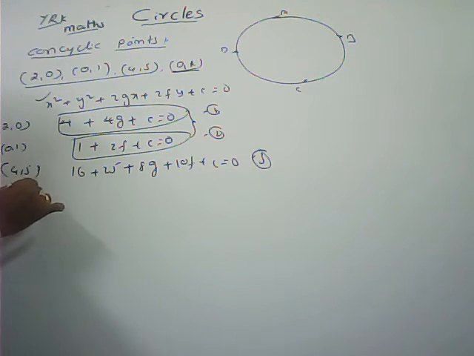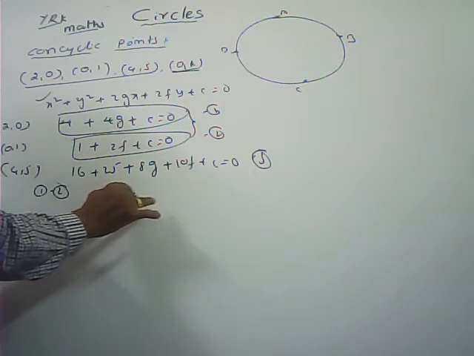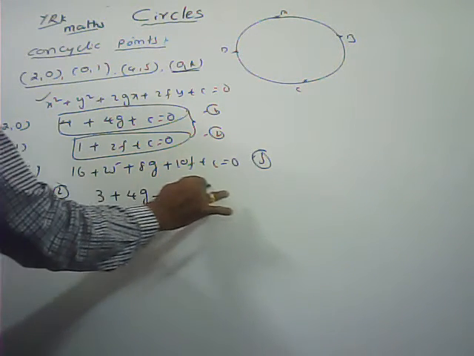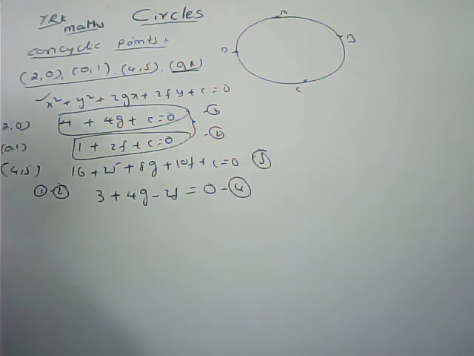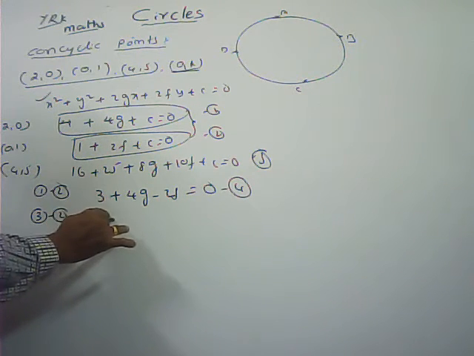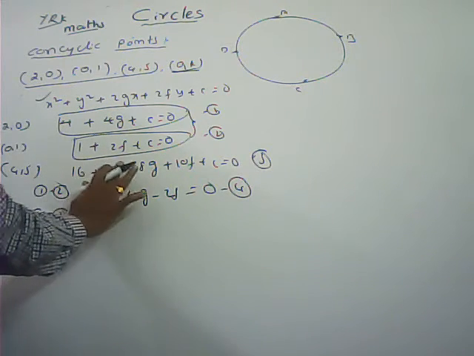Now here you can see 1 minus 2, if I do that one, 3 plus 4g minus 2f, that is equal to 0. This one keep aside, that is the 4th relation. Here 3 minus 2 I am doing, 16 plus 25, 41.